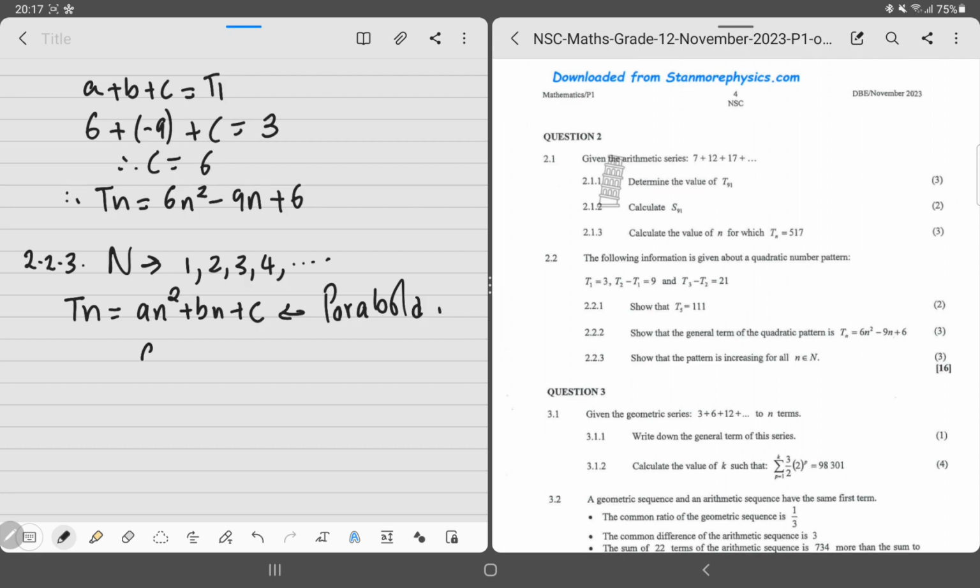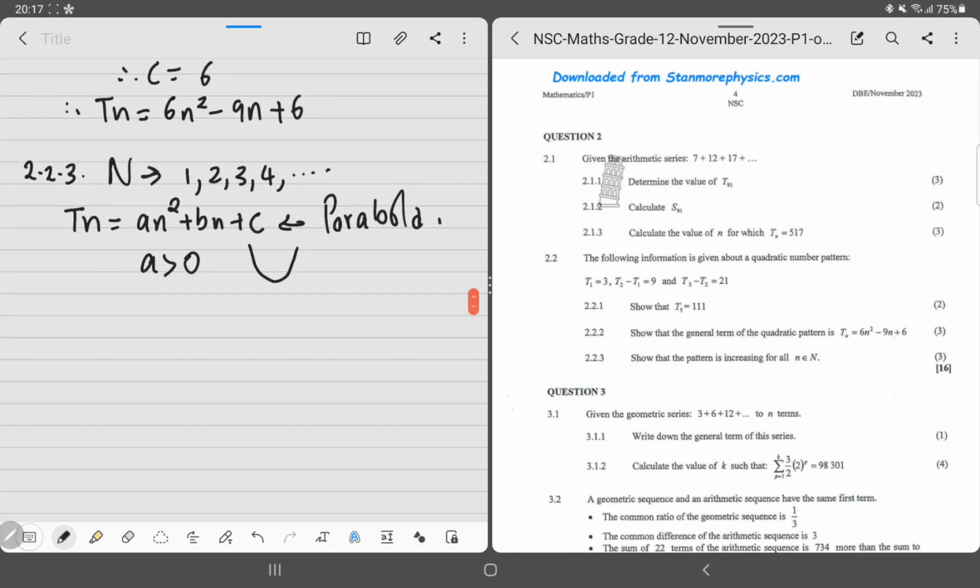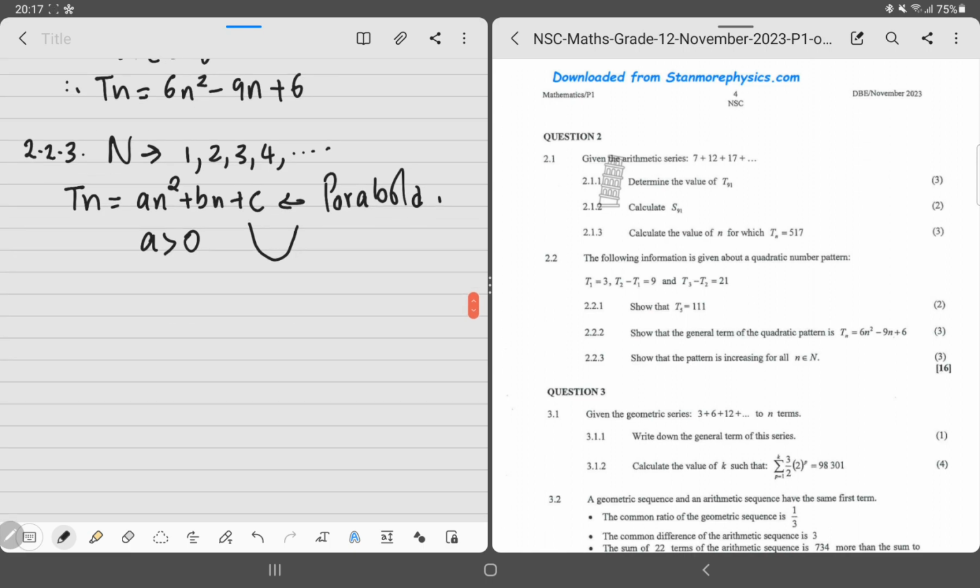So the value of a in this instance is greater than 0, which means it will be a concave up graph. So Tn should be equal to 6n squared minus 9n plus 6.